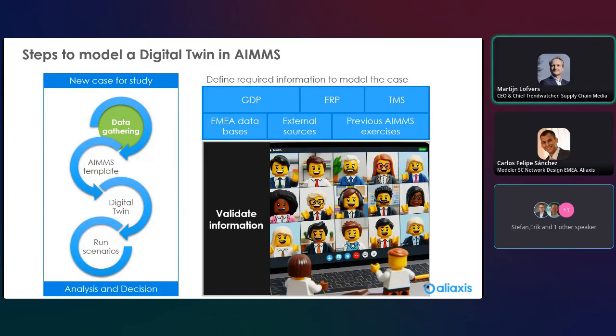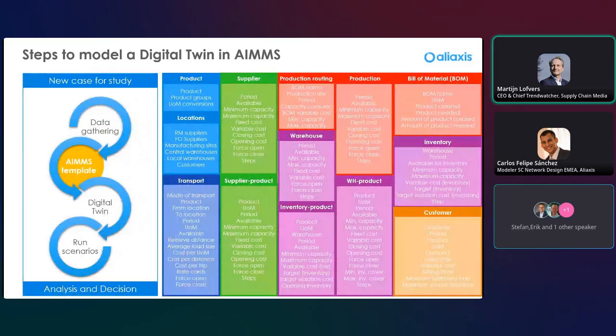Yeah, and we've been talking about a digital twin, and AIMMS is supporting that, but maybe you can highlight what kind of data is in this kind of digital twin. Yeah, this is quite overwhelming, and in fact, it's on purpose because this is what I saw the first time I saw the AIMMS template, and that's why Haskoning was so important at the beginning of the process.